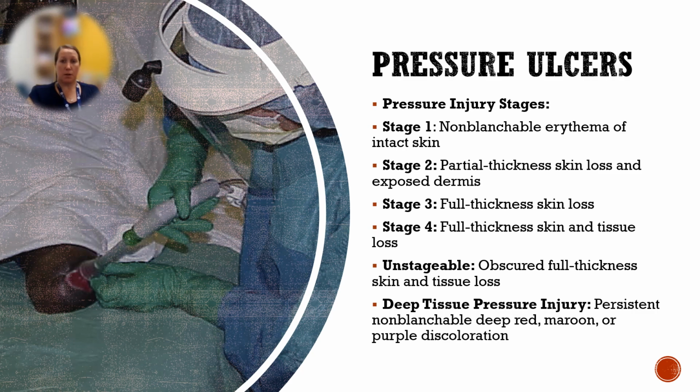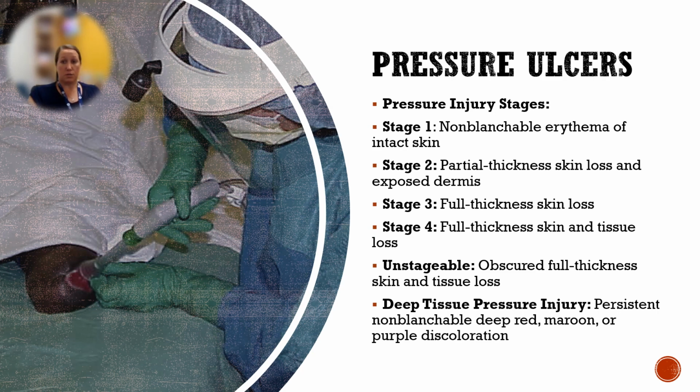Lastly, we're going to talk about pressure ulcers. Pressure ulcers are staged by the thickness of the ulcer. Integumentary ulcers can be caused by a variety of underlying disorders, including diabetes, arterial insufficiency, radiation damage, vasculitis, and prolonged pressure.